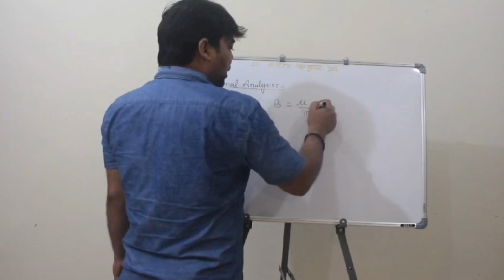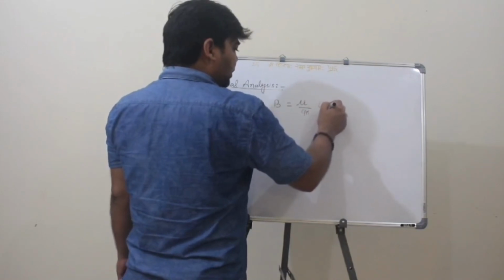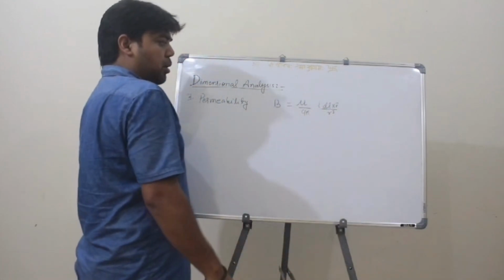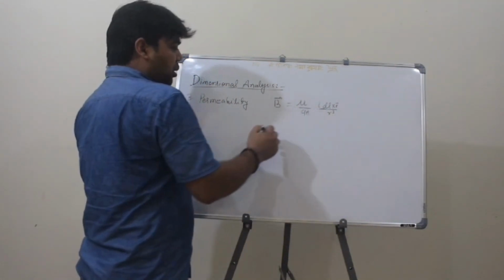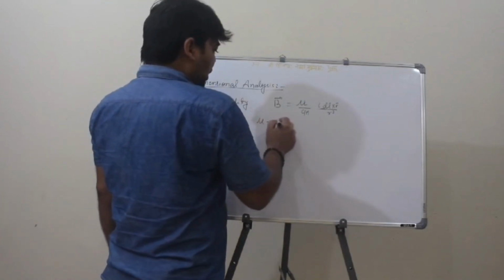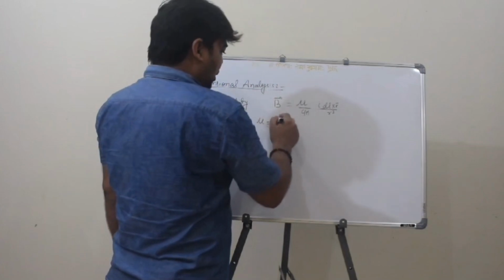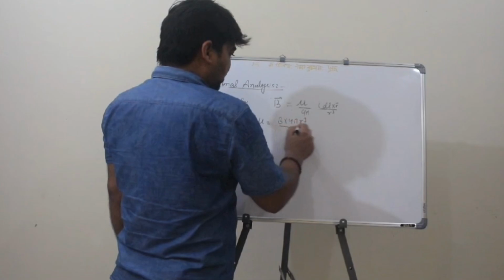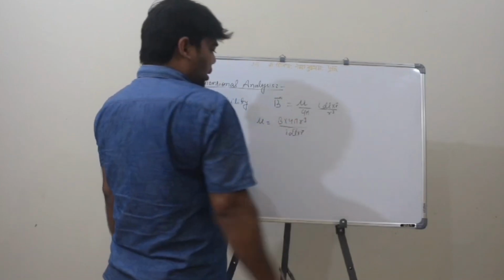So mu by 4 pi times I dl cross r divided by r cube, where r is a vector. If you use this formula, then let us calculate the dimensional formula of mu using the relation mu equals B into 4 pi r cube divided by I dl cross r.